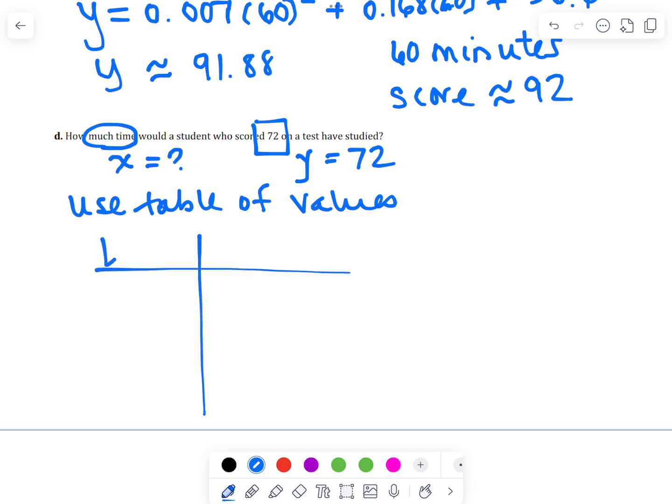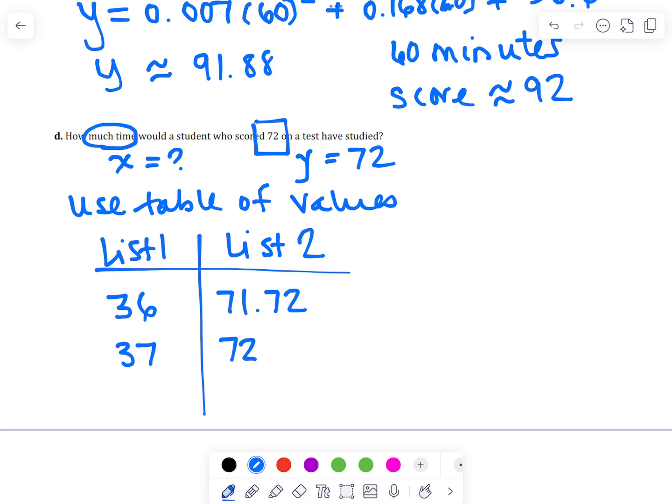So here's our table. We have list 1 and list 2. I'm just going to focus in on very close to 72. So again, this is our scores in list 2, and this is our time in list 1.